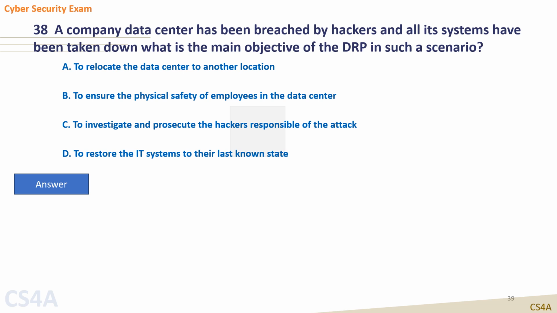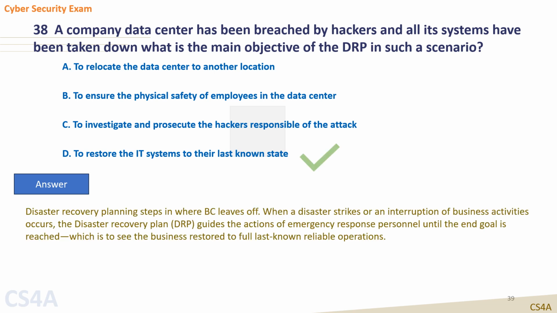That might be the priority, but that is not the main objective. To investigate and prosecute the hackers responsible for the attack. So that is post DR plan. So that is not really the main objective. And the main objective is to restore the IT systems to their last known state. This is the correct one. That is the main primary objective of the DR plan. Option D is the correct one.